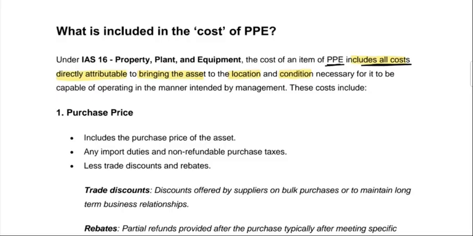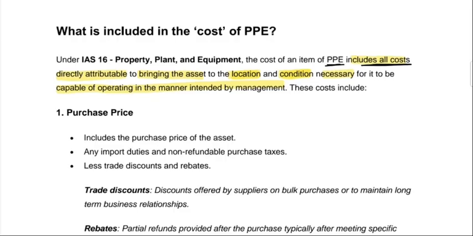It's very important, location and condition necessary for it to be capable of operating in the manner intended by the management. So all those costs that the entity has to incur in order to bring the asset to its working condition and location are going to be capitalized to the initial cost of the asset. All right, they all will be capitalized.